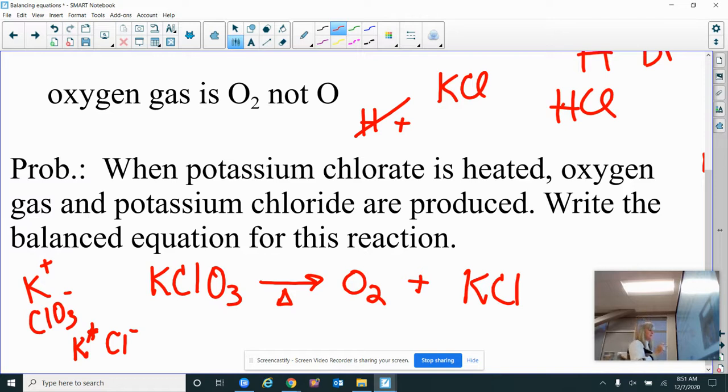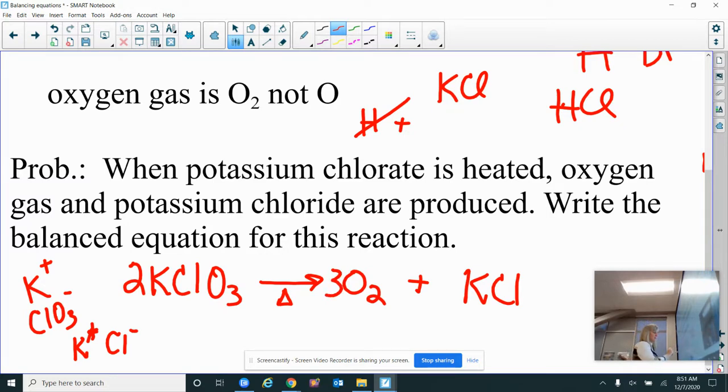So now to balance it, I notice right off the bat that I have 2 oxygens on one side and 3 on the other. Anytime you have an odd number on one and an even number on the other, you're going to have to multiply the one that's odd by 2, at least by an even number, and then that would mean that would be 3.